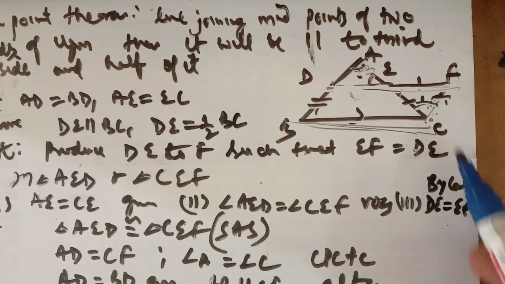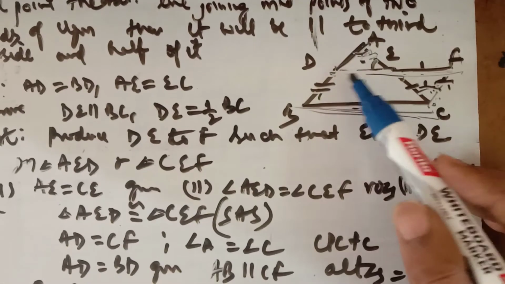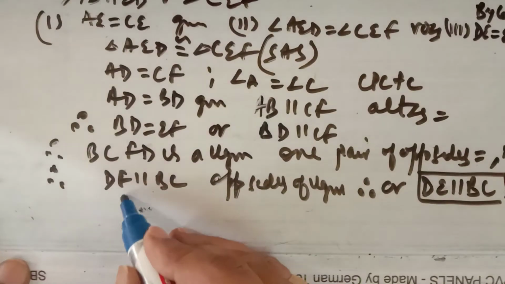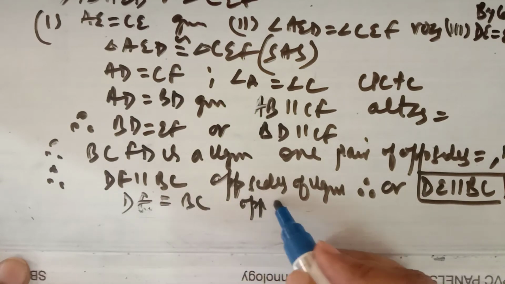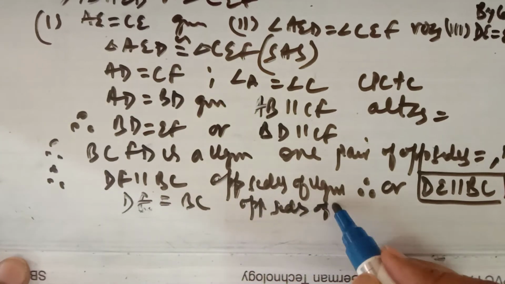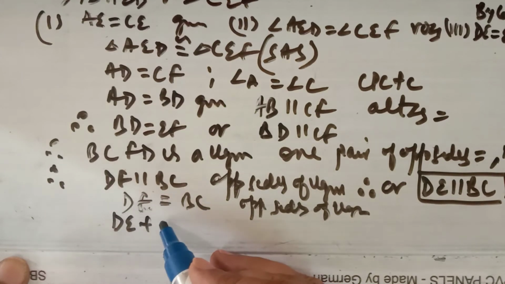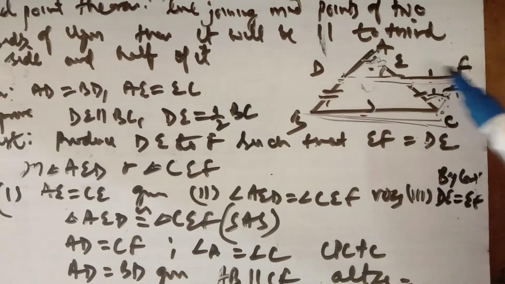Now what do you have to prove? We have to prove that DE is half of BC. Because it is a parallelogram, DF is equal to BC, opposite sides of the parallelogram. For DF you can write DE plus EF. Now because DE and EF are equal, in place of EF you can write DE.